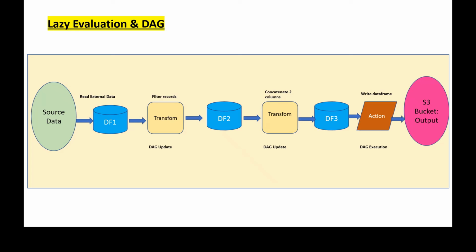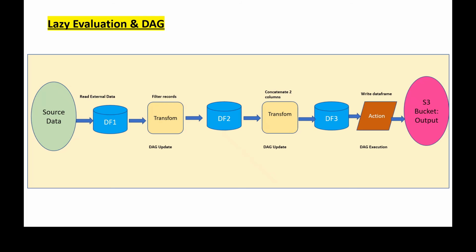I have created a diagram to explain this concept. Let's say in this diagram we have an external source of data. It could be CSV, it could be an S3 Amazon bucket, or it could be Azure Data Lake Storage. In the first step, the Spark engine reads the data from the external source and creates the source data frame, that is DF1.